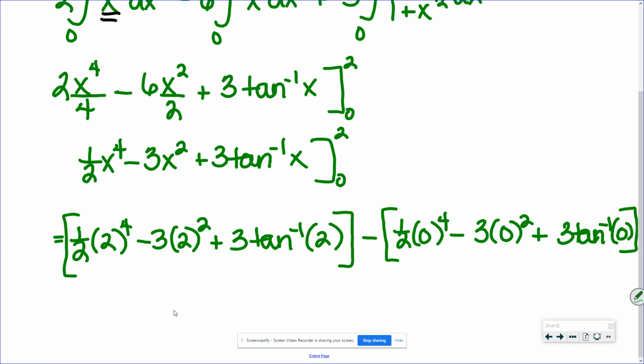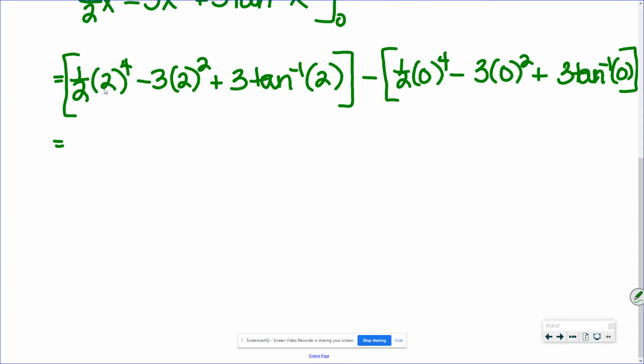Okay, and then you just kind of work through simplifying all of this stuff. So 2 to the fourth is 16 times a half, that would be 8, minus 12 plus inverse tangent of 2. That's not a unit circle value, so I'm just going to leave it as inverse tangent of 2 and then keep moving.